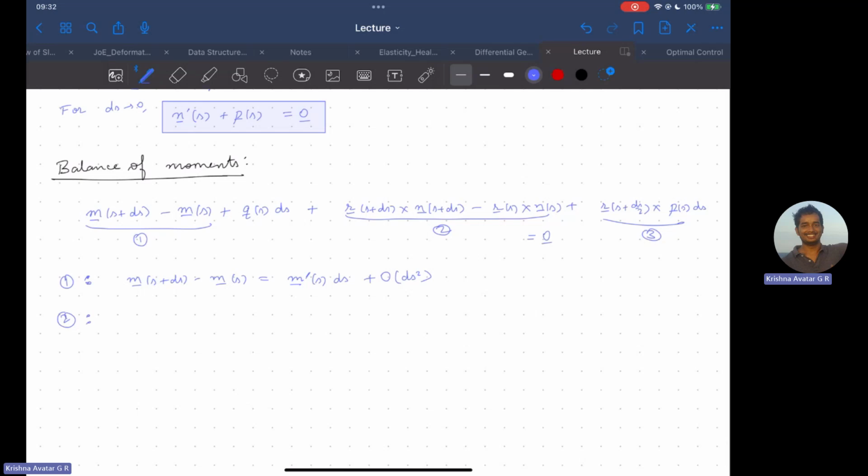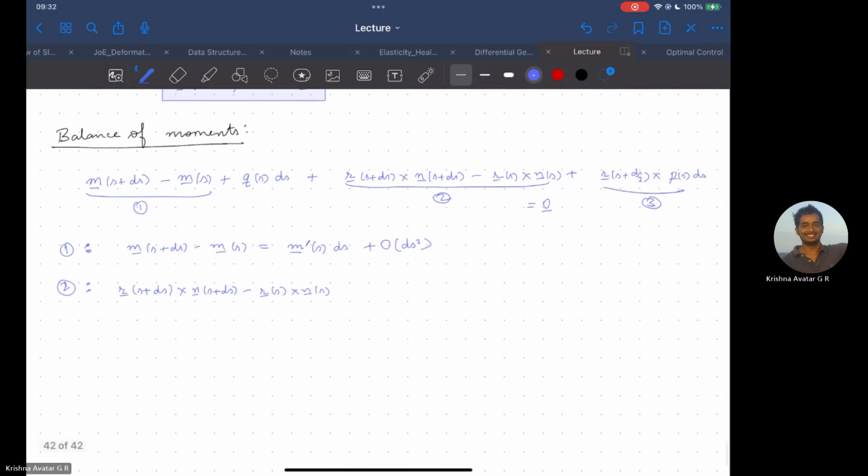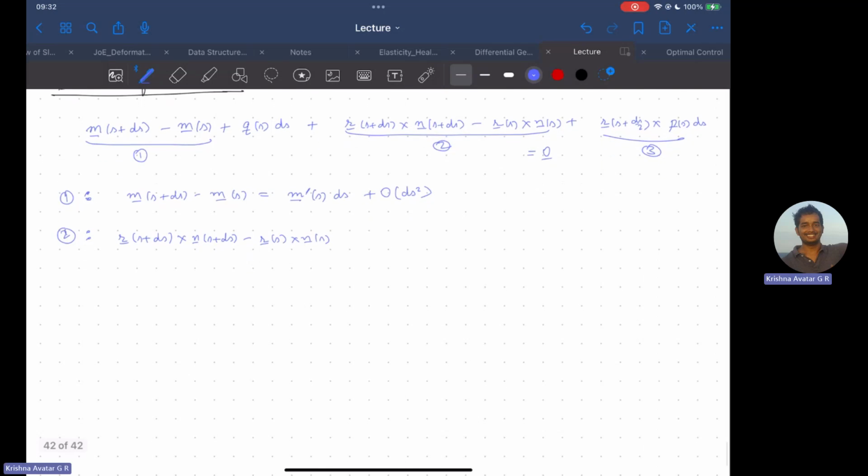Number 2 will be r vector of S plus ds cross n vector of S plus ds, minus r cross n of S. This is going to need multiple Taylor series expansions.